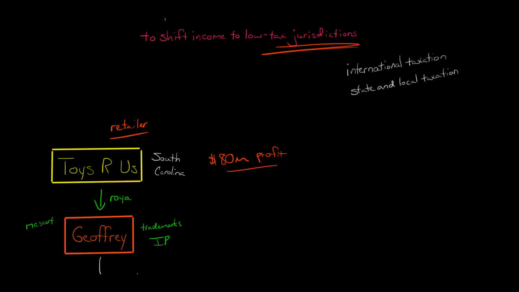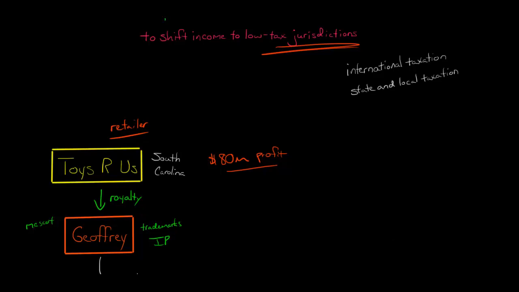They had to pay licensing fees to Jeffrey. Again, we've got two entities here. Toys R Us is the physical stores, the retailer, and they're paying a royalty to Jeffrey, who holds the intellectual property, the trademarks for the branding. So now they're having to pay this royalty.